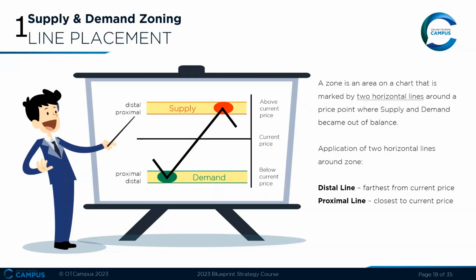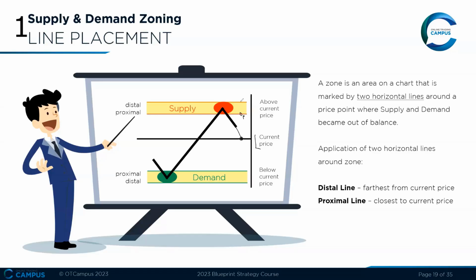So if we're going to look at this example right here, and we're at current price at the moment, let's say price is right here, that's current price, then if we're going to look for the supply zone, the one that's closest to current price, that's the proximal.